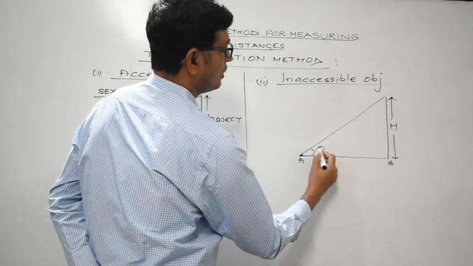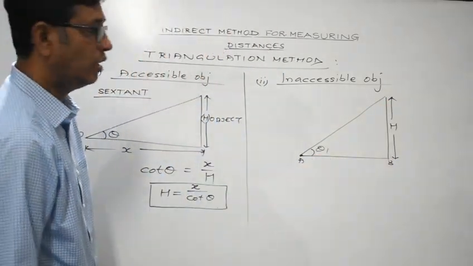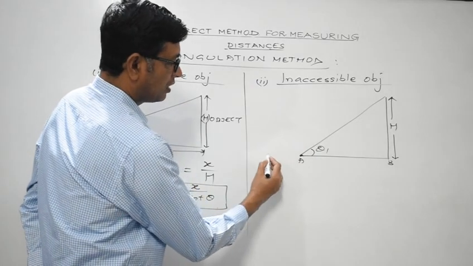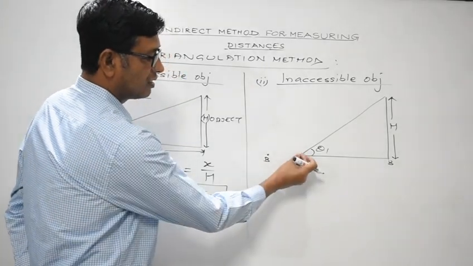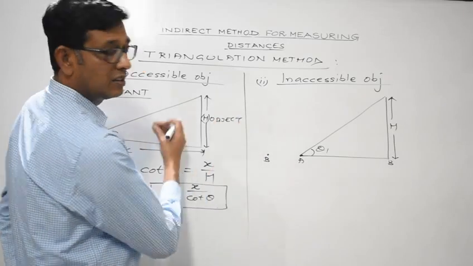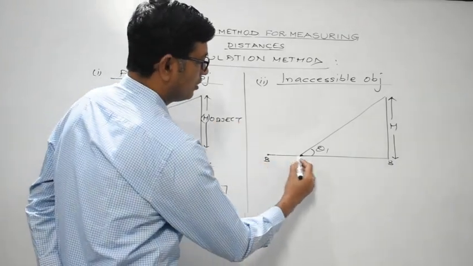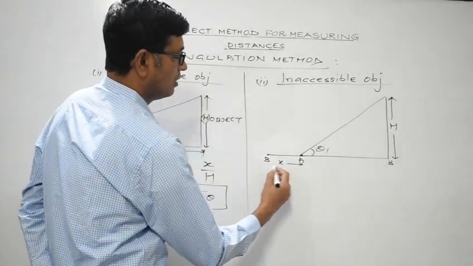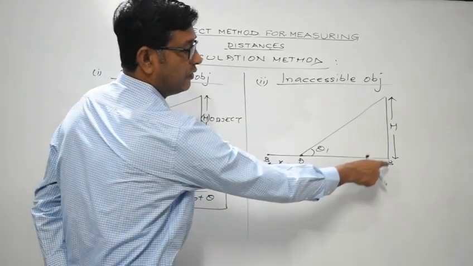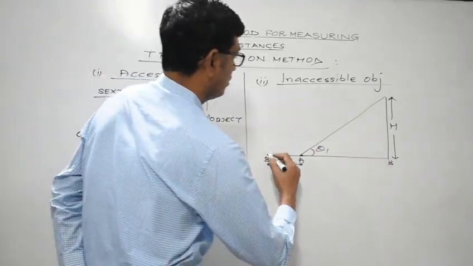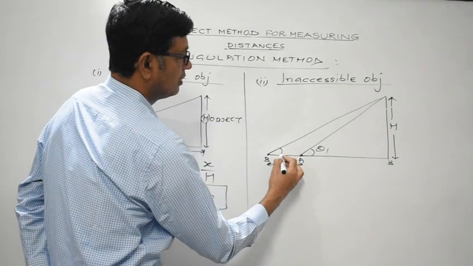Let us consider this to be theta 1. Now this is another observation point. The sextant is placed slightly a distance behind this, so this distance is known to us. From this point the angle of elevation can be easily calculated. Suppose this angle is theta 2.